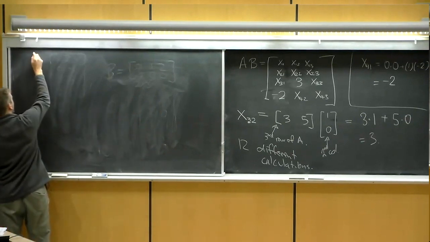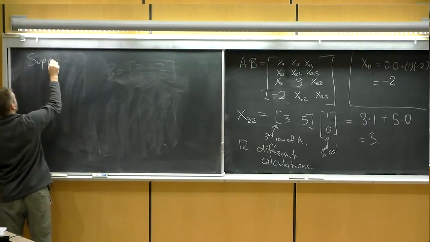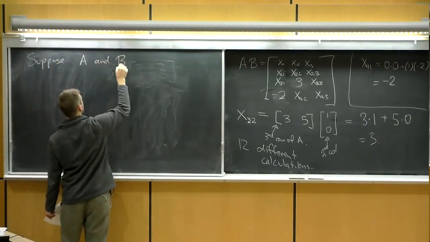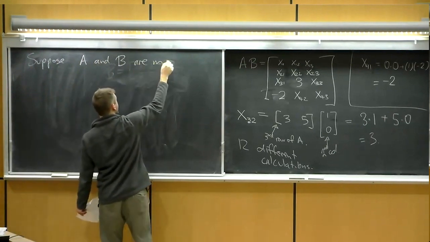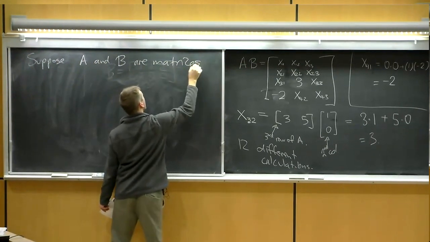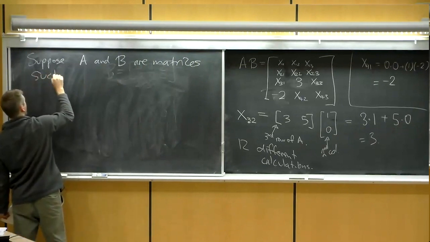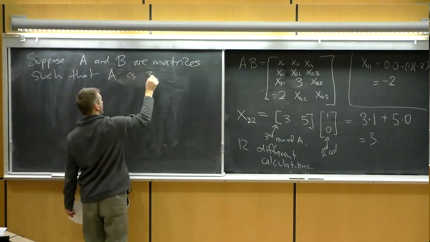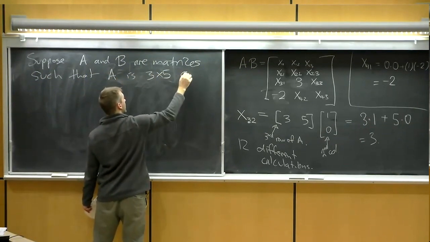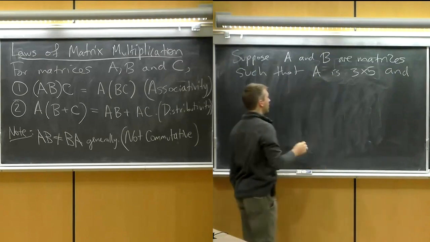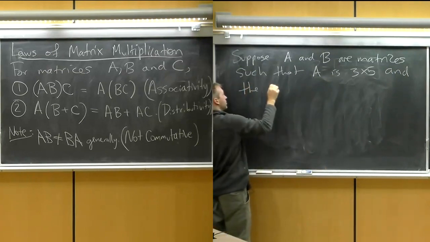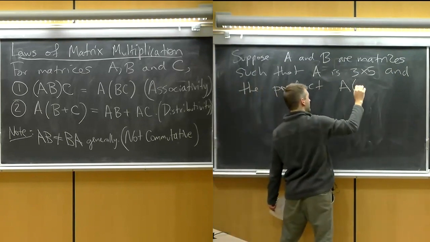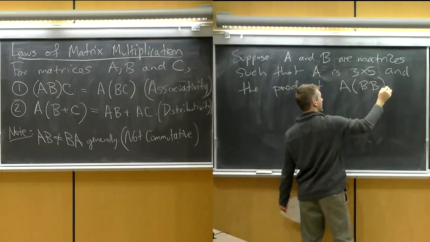Suppose A and B are matrices such that A is 3 by 5 and the product A times B exists.